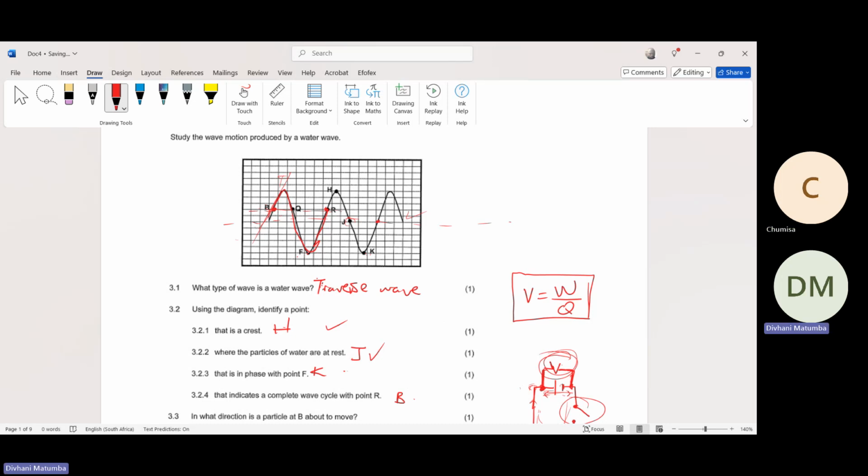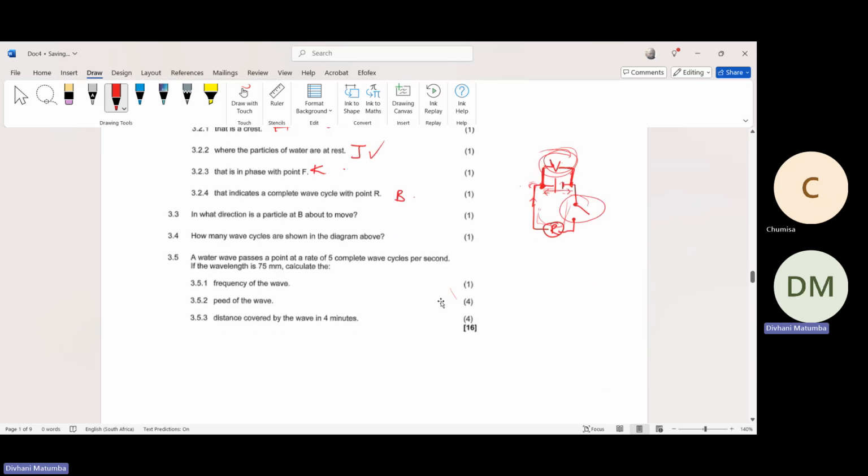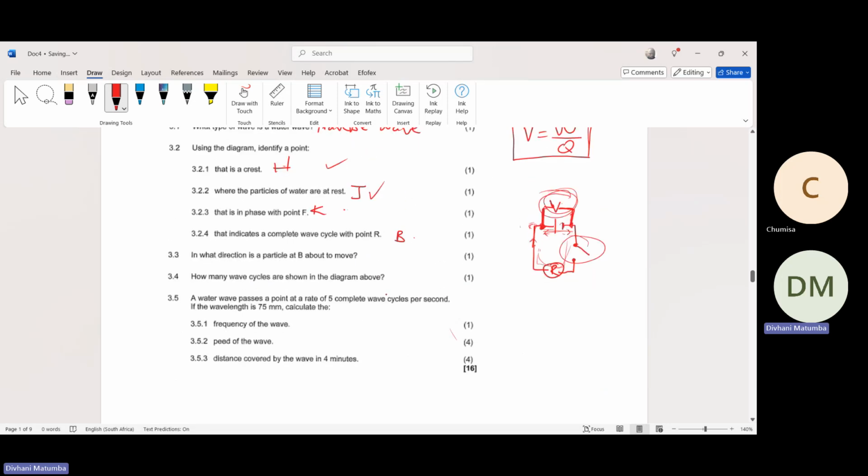Yes, sir. One wave up to there, then another wave up to there. Now, how do we accommodate for that portion? Is it half or is it quarter of a wave? It's a half. So we have 2.5 cycles. You have to count that half, eh? If it was a quarter, then you were going to say it's a quarter.